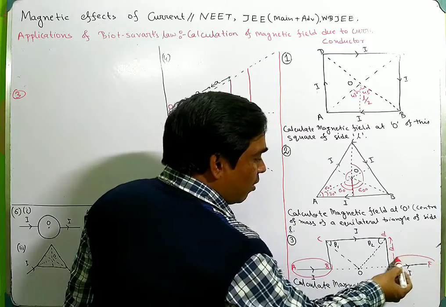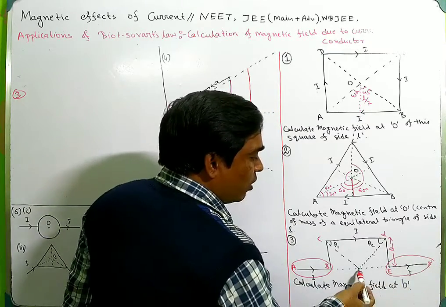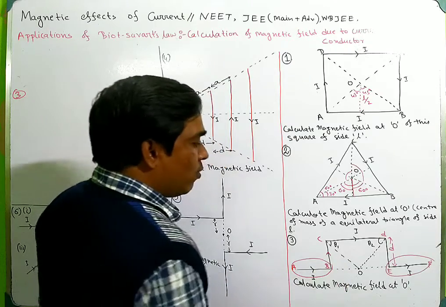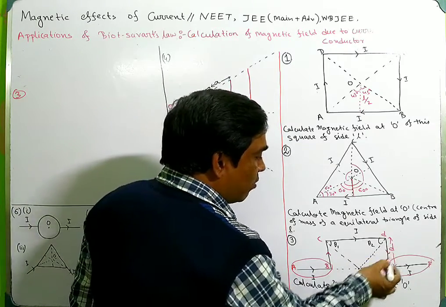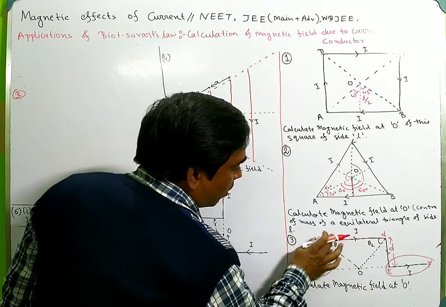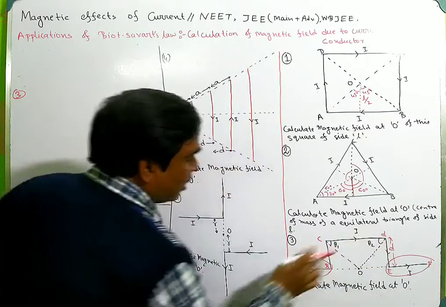So the magnetic field for this portion is also 0 at O. So there is a magnetic field due to this portion and this portion. First of all we have to calculate the magnetic field for CD at O.